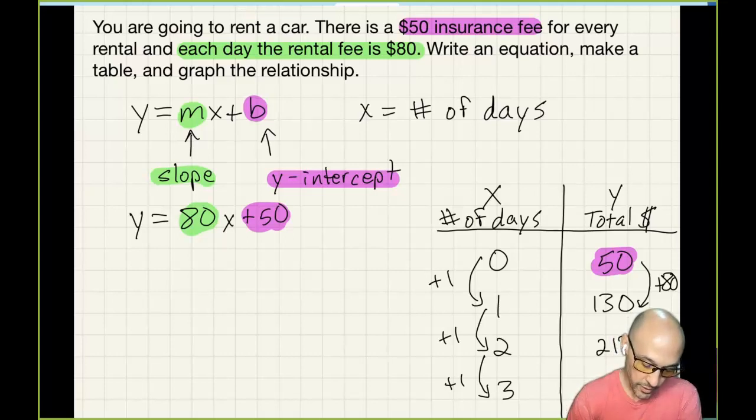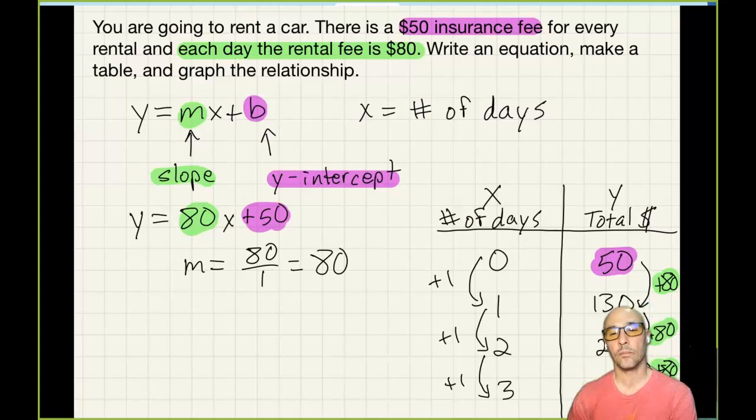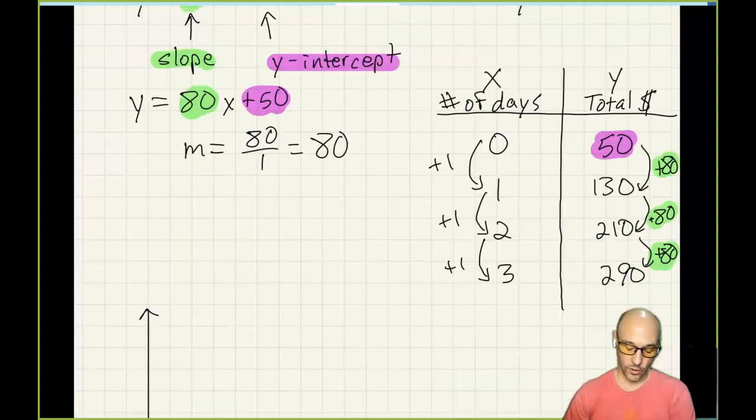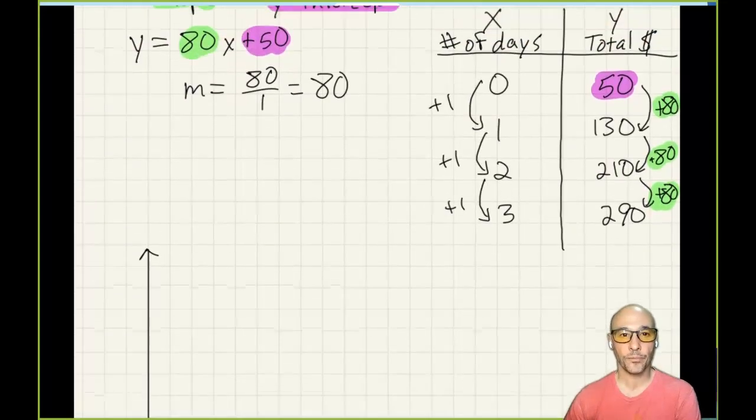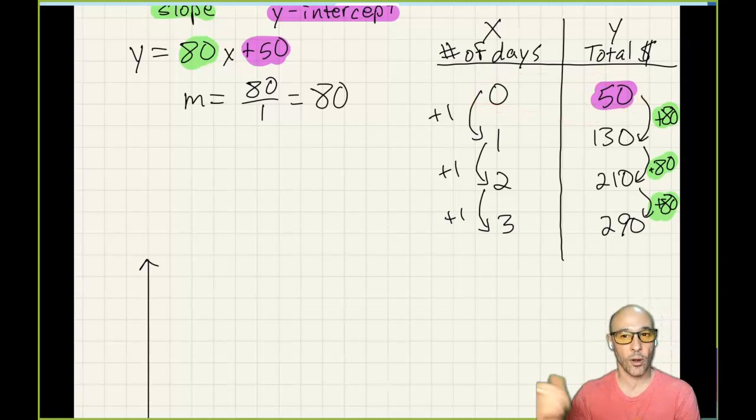Because our slope is 80 over 1. So the slope here can be seen as 80 over 1, which is equal to 80. All right. So you can see our slope there. And you can see our y-intercept there. When x is 0, the y value is our y-intercept.